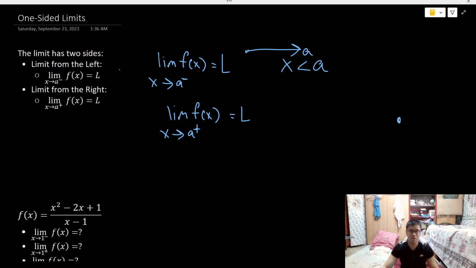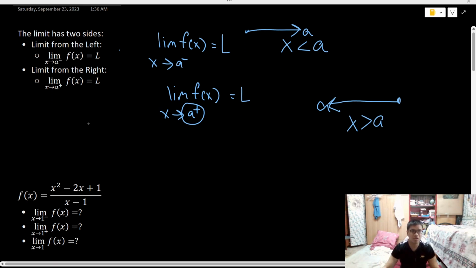So from the right, going to a. This is x greater than a. So if you see a negative sign in your input, that means it's a limit from the left. Then an input that has a positive sign, like this one, means it's a limit from the right.